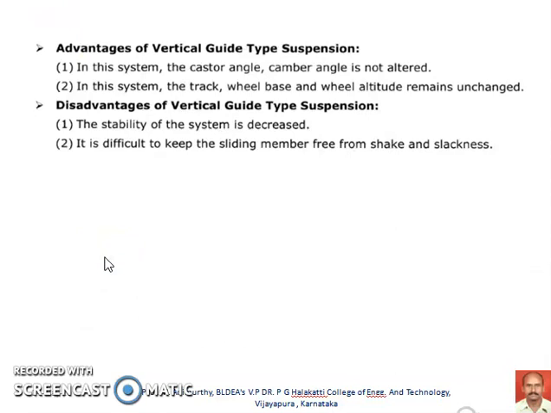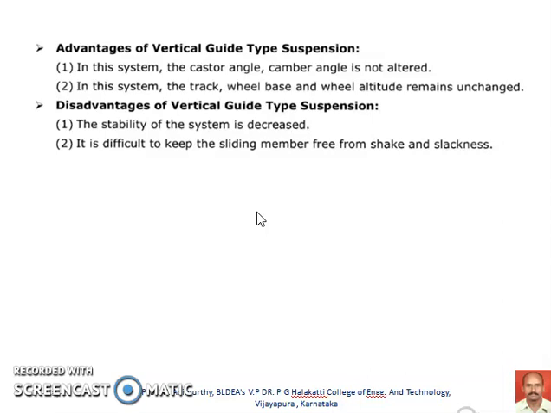Now coming to the advantages of this vertical guide suspension system, you can see in this system caster angle and camber angle are not altered because the kingpin is directly mounted over the cross member of the chassis frame, and there is no chance for variation in the caster angle or camber angle even on rough road terrain, which is possible to some extent in the case of MacPherson strut type arrangement, and it is very common, that is, the change in the camber angle or the disturbance to the steering geometry is very common in the case of the wishbone type suspension system.